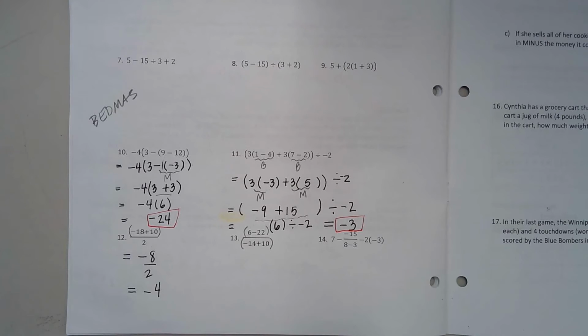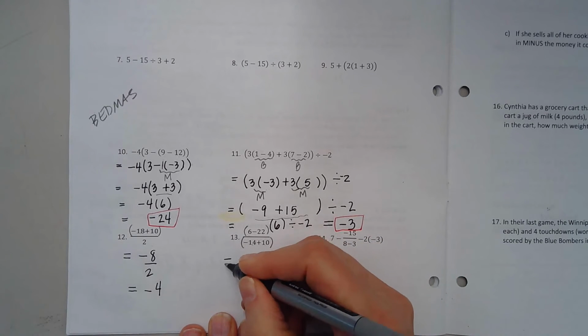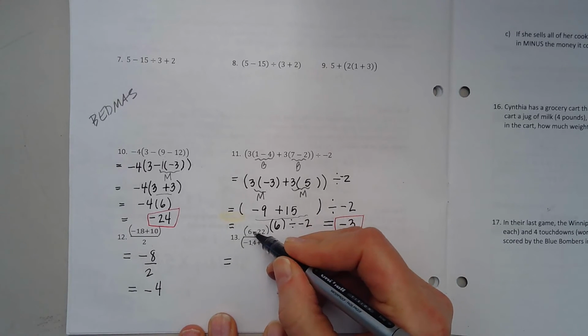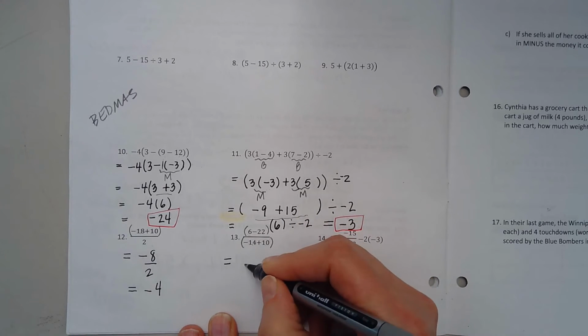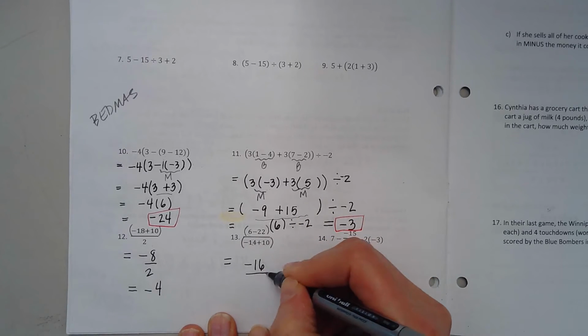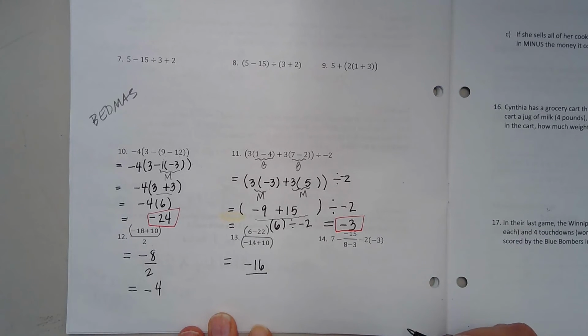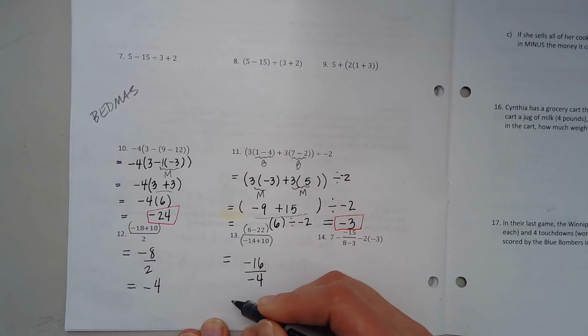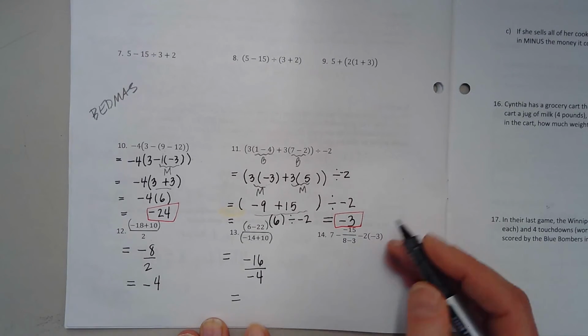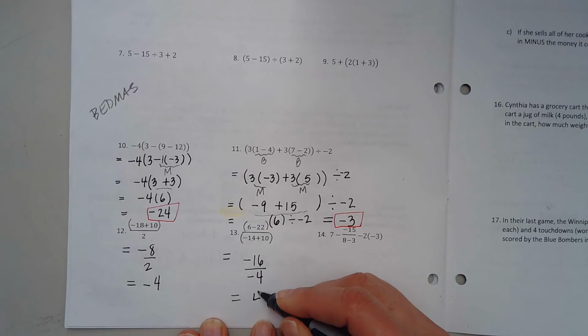Okay, so what do we have here? What'd you get for the numerator, the top number first? +6, -22. -16, right? Okay, what's on the bottom? -14, +10. -4. Okay, so now I've got +4.